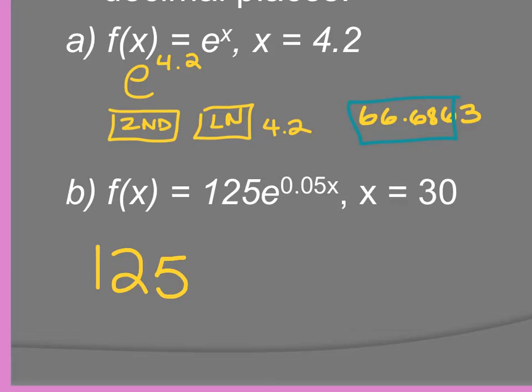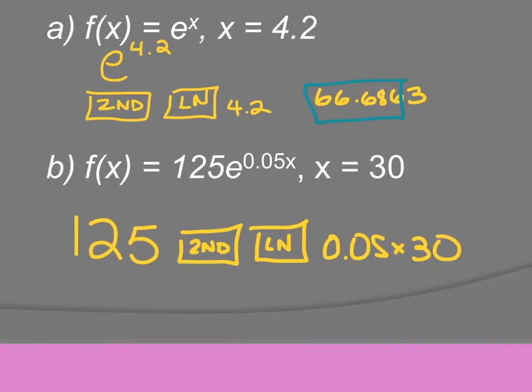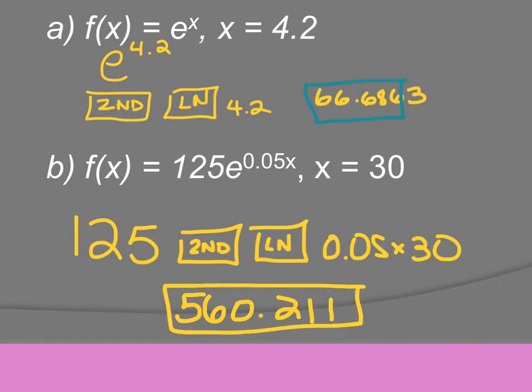So I do 125, second, ln, and then 0.05 times 30. And you get 560.211. So it's 560.211.